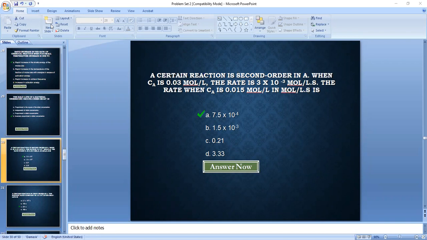Okay, 10 seconds, 20 seconds is gone. But can anybody explain to me what's the procedure to do here?